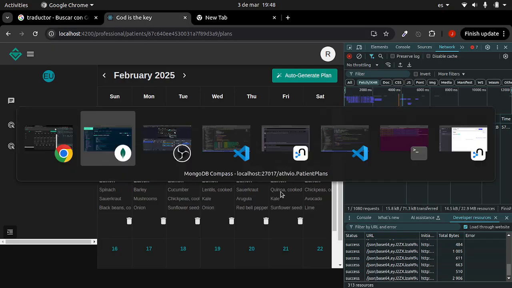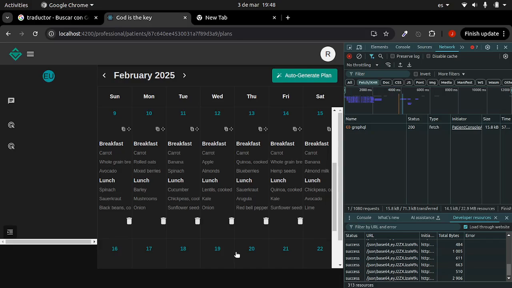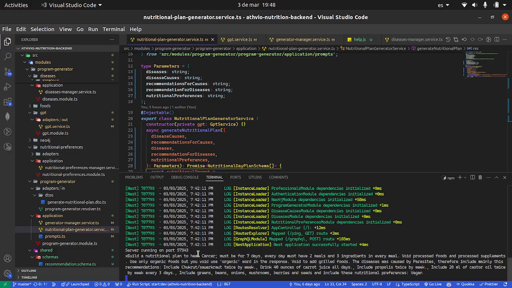Now let's first analyze the prompt that I sent to ChatGPT, the OpenAI API. Basically, I said build a nutritional plan to heal cancer. I only marked cancer, which means that I only checked cancer. It must be for 7 days.